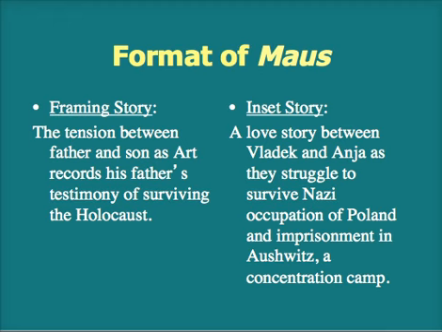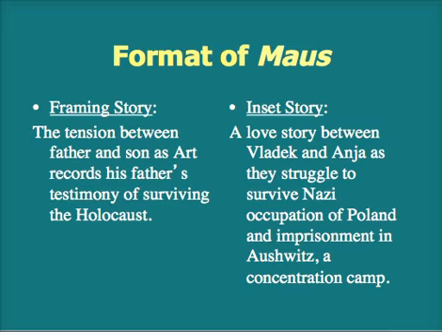His health is suffering; he's got diabetes and a heart condition. Art's a grown up, he's got a wife, and he's trying to have a separate life, and he's not very close with his father. So we do see in the framing story their relationship and how that develops.